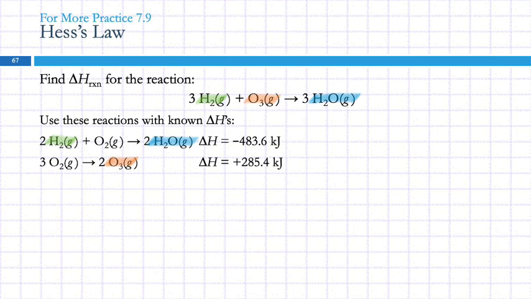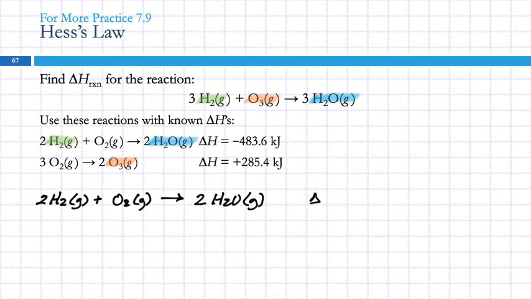So I need to have hydrogen on the reactant side and water on the product side. This first equation has both of those. So let's start with that. H2 gas plus O2 gas to make 2 water in the gas state.